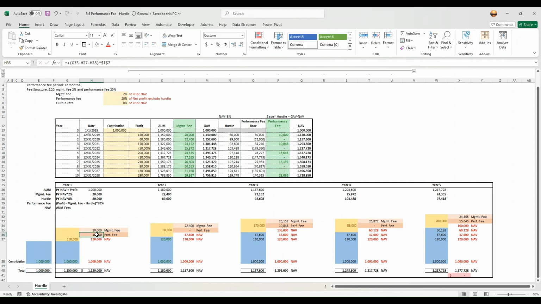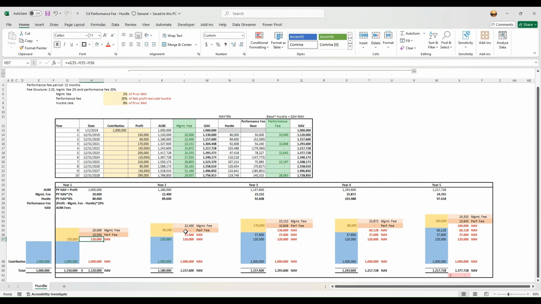We first need to make sure there's enough profit to cover the management fee and the hurdle. In this situation, $150,000 is larger than $20,000 plus $80,000, so we will have positive $50,000, and we use this 20% based on $50,000 and get a $10,000 performance fee. After that, we have $120,000 left over that will be part of the NAV and roll to next year.